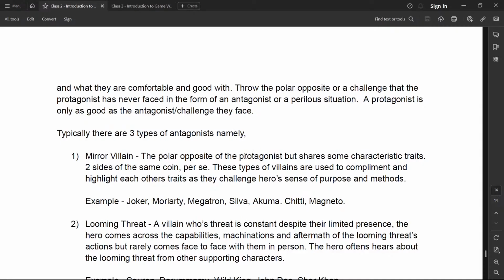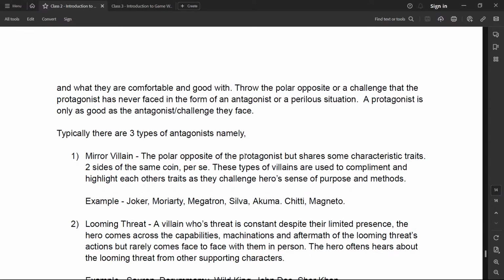No matter what story you have, a protagonist is only as good as the antagonist challenge they face. You would never think about Harry Potter if there was never Voldemort.